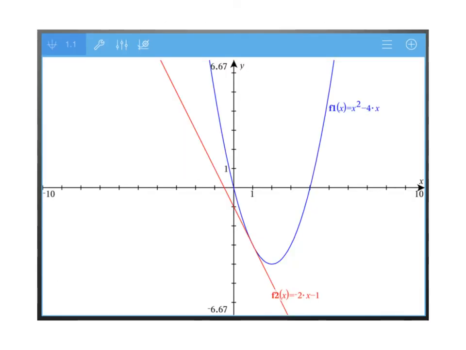You can see the parabola is graphed there, and then at that point right here, that's at 1 comma negative 3. You can see that is where it crosses, and you can see the tangent line just crosses perfectly there with the equation negative 2x minus 1. So that's what it looks like on a graph.